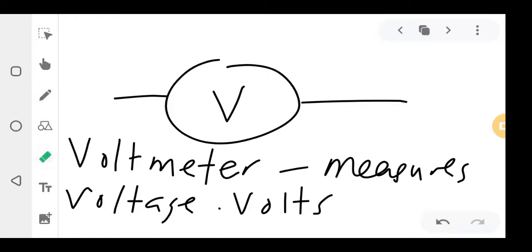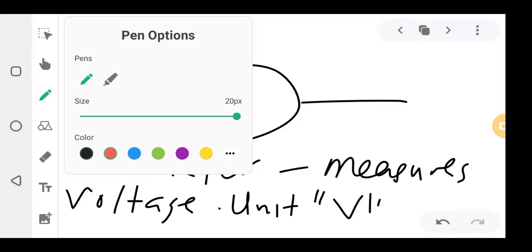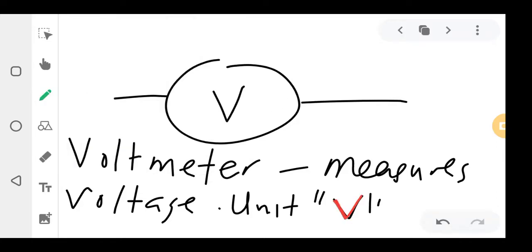The unit for voltage is called volts, V. That's the unit, V.